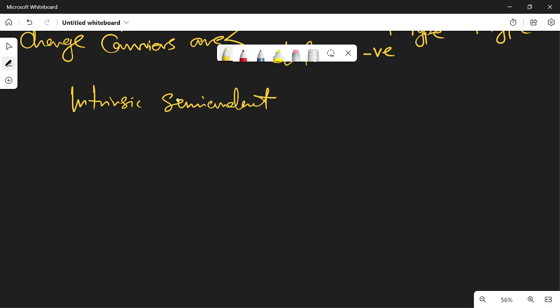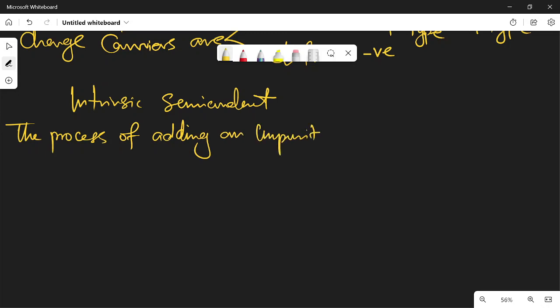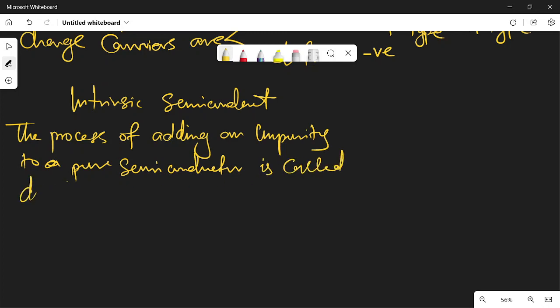The process of adding an impurity to a pure semiconductor is called doping.